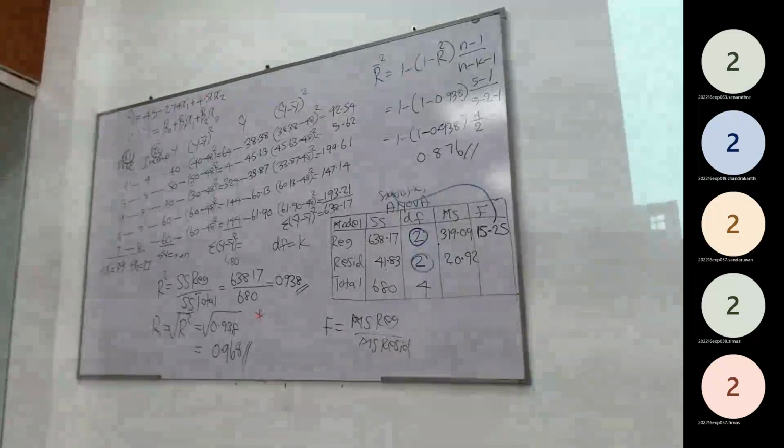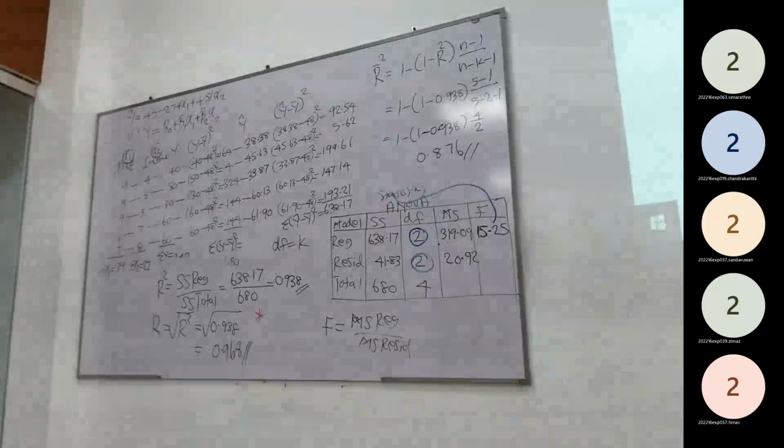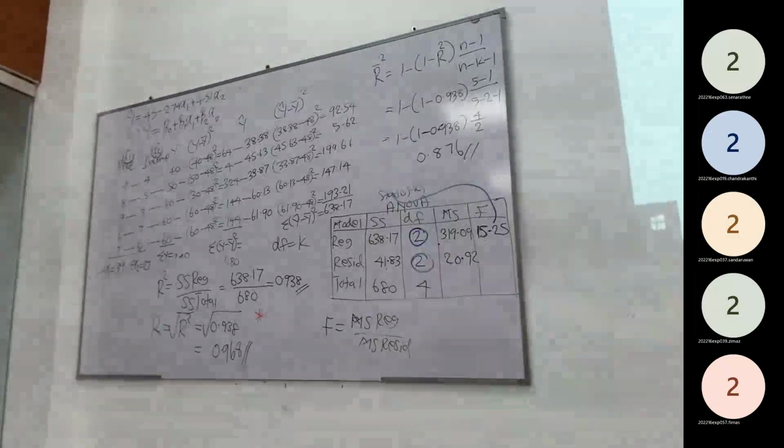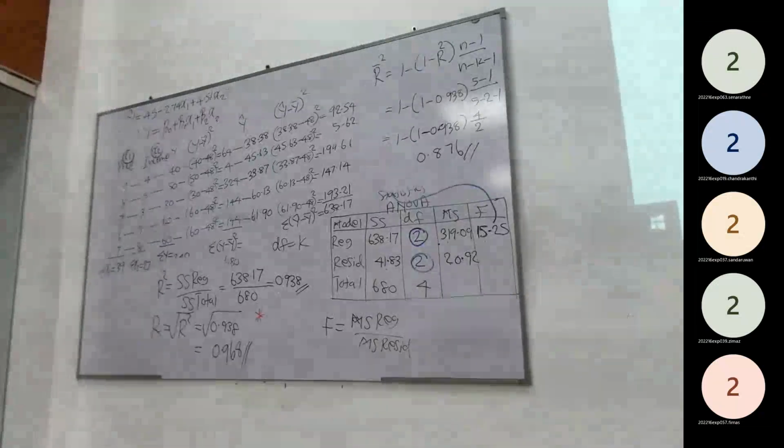Price and income, X1 and X2, are strongly jointly correlated with demand. Correlation is high.